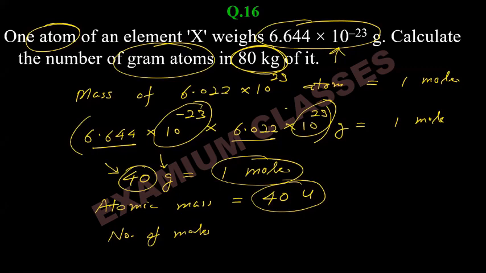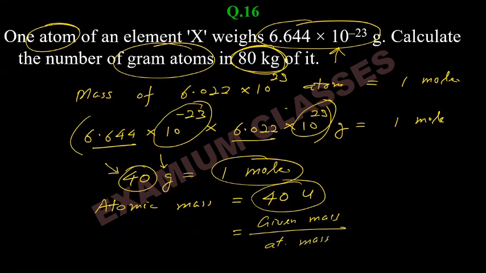You will write gram atoms, don't write moles, because you have been asked gram atoms. Gram atoms will be equal to given mass divided by atomic mass. So in place of number of moles, you will write gram atoms, just for the sake of the term given in the question.